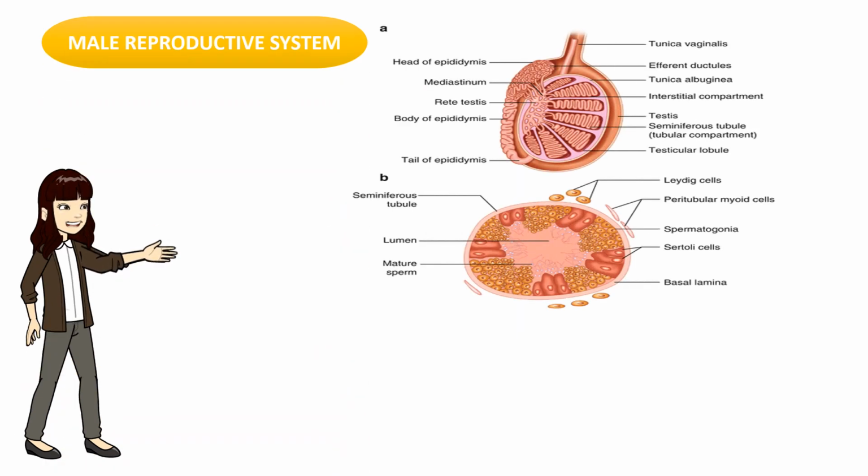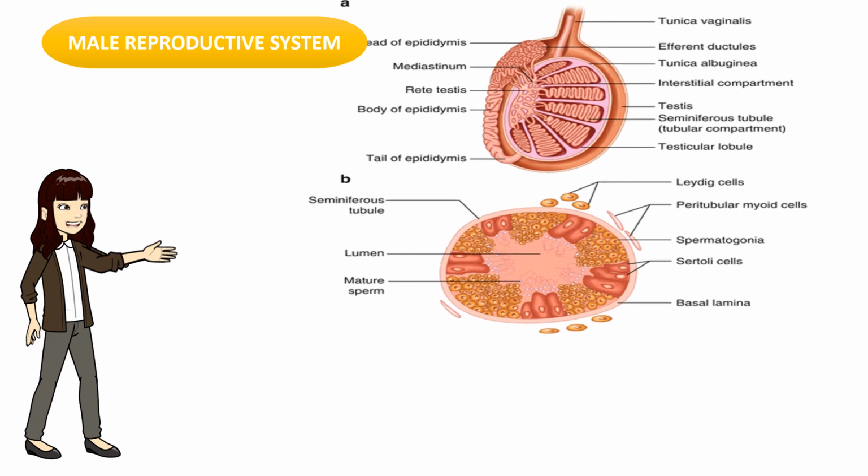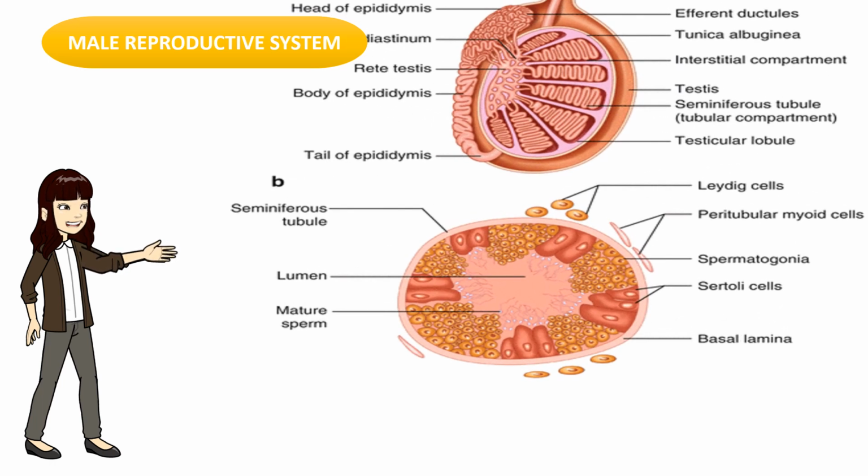Let's see what happens inside the testis. Each testis has around 250 compartments called testicular lobules. Each lobule contains 1 to 3 highly coiled seminiferous tubules. The function of seminiferous tubules is to produce sperms. If we take a transverse section of a seminiferous tubule, we can see many cells in various stages of development.